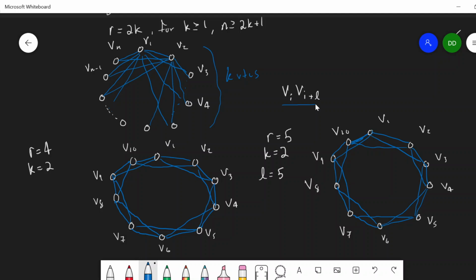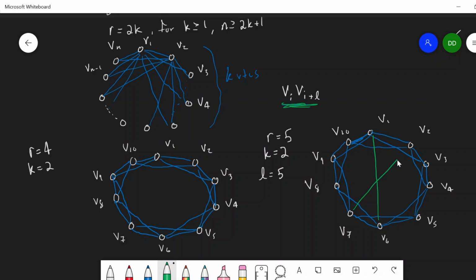So I'm also going to add in these edges, Vi plus L for every i. Maybe I'll highlight these in green. We'll also make V1 adjacent to V1 plus 5, V6, so directly across from it in this standard position of vertices.